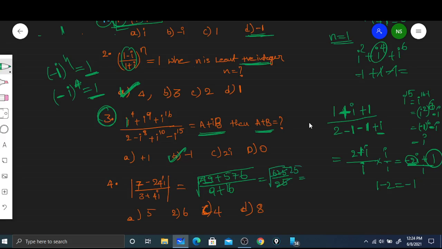So finally we get square root of 25, which is nothing but 5. So finally our answer is this one. Then coming to the next question.